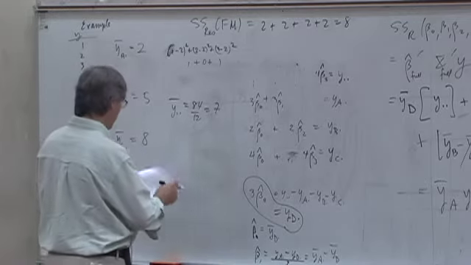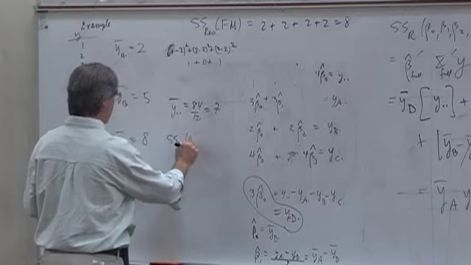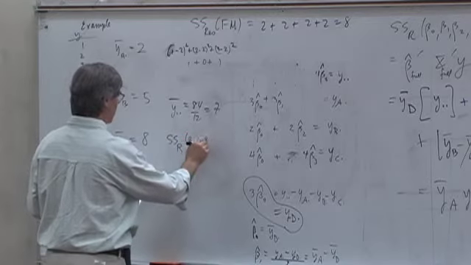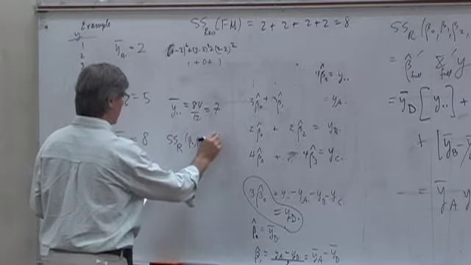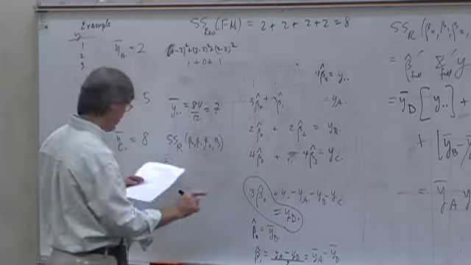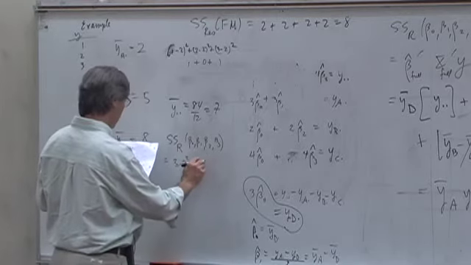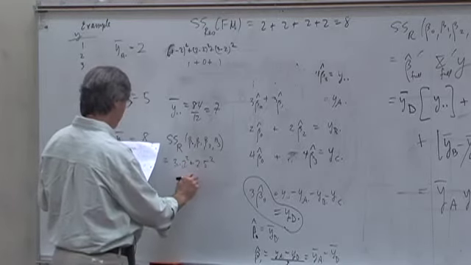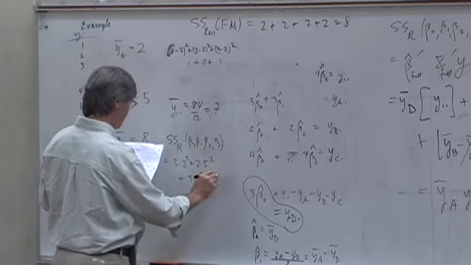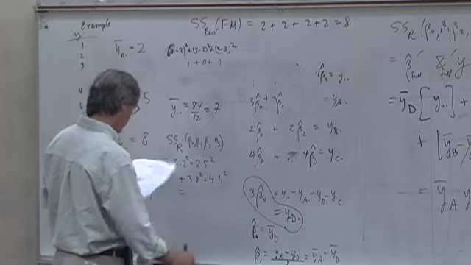So what do we get for SSR beta 0, beta 1, beta 2, beta 3, uncorrected? According to that formula, it comes out to be 3 times 2 squared plus 2 times 5 squared plus 3 times 8 squared plus 4 times 11 squared, which is equal to 738.